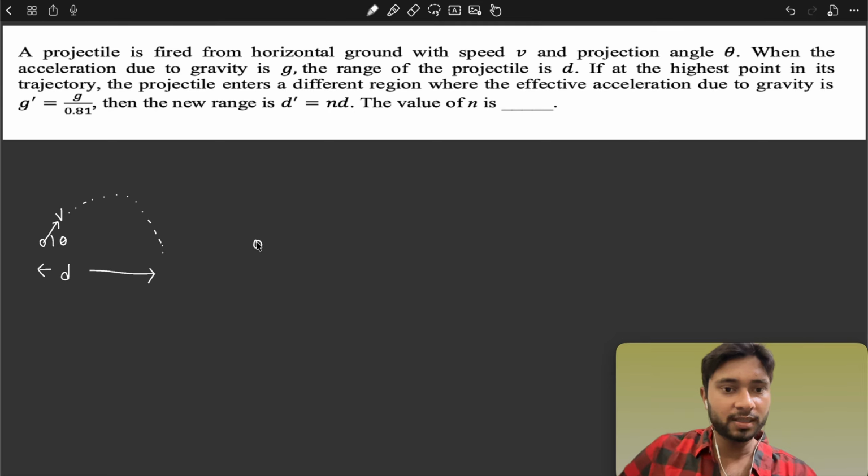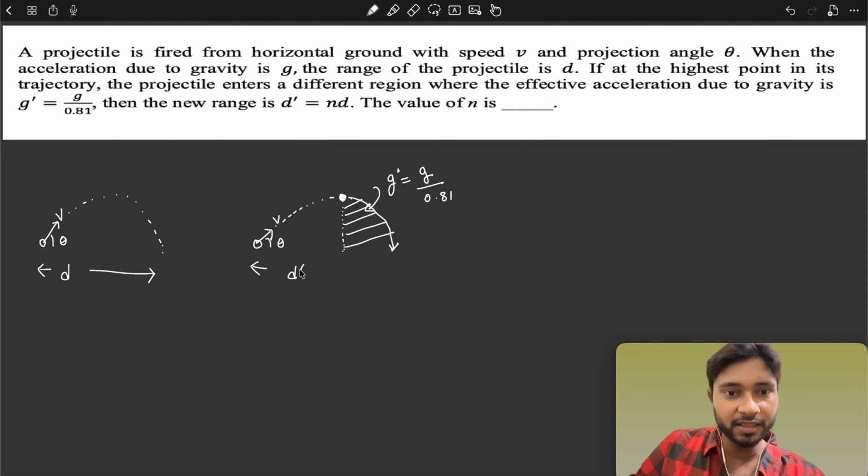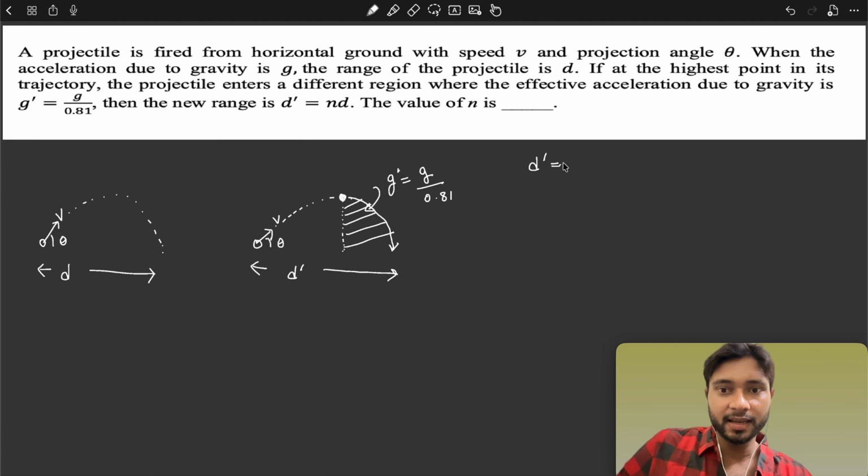And if we throw the same projectile with the same velocity and same angle theta, suppose this is the highest point, it enters a different region where acceleration due to gravity is g dash, which is g by 0.81, and in this case the range is d dash. d dash is given as nd, and we have to figure out the value of n.